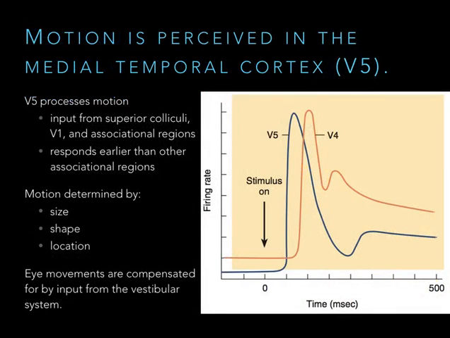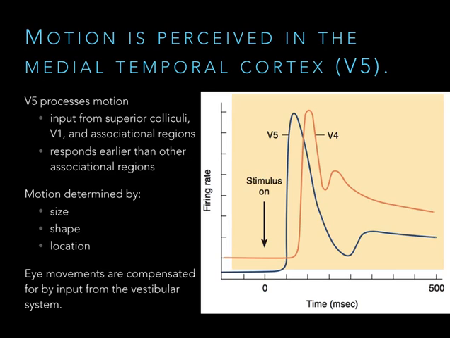The perception of motion is carried out in an area called V5, so this is still a part of the extrastriate cortex. This actually happens very quickly. That's because of the inputs that are going to V5.